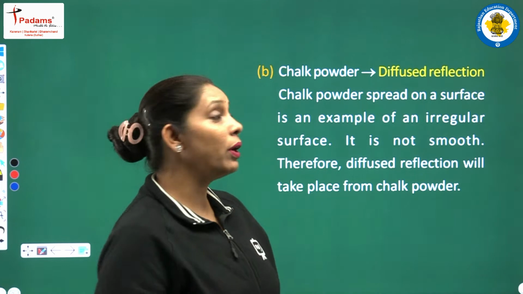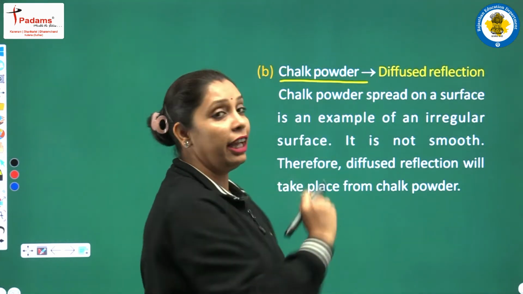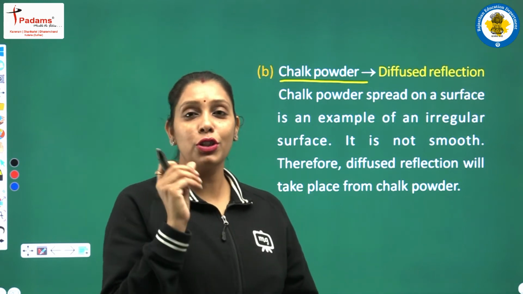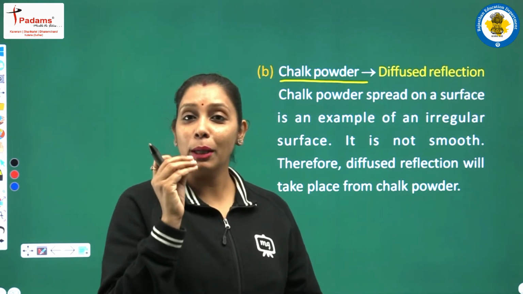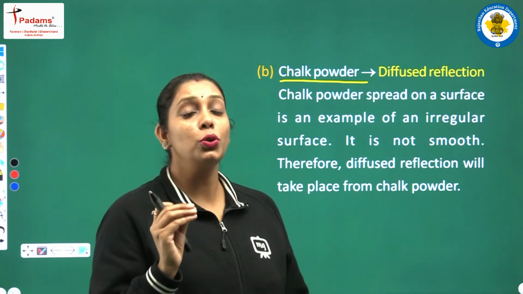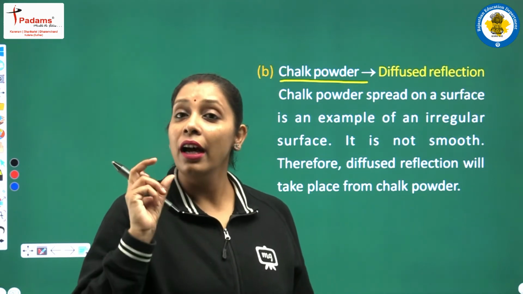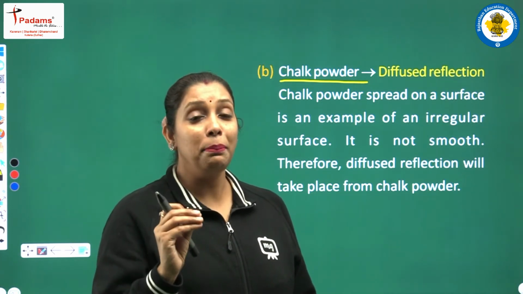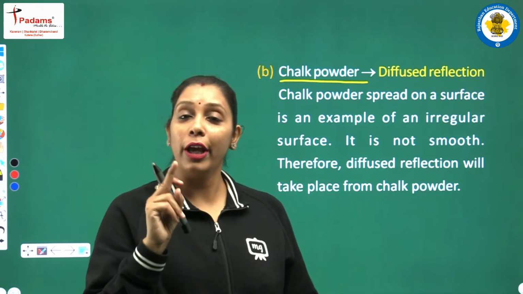Okay. The second one is chalk powder. Everybody has seen chalk in school. So students, when you crush the chalk and it becomes powder, have you ever touched that chalk powder? How does it feel? It is rough, and we know that when the surface is rough, that means the surface is irregular.